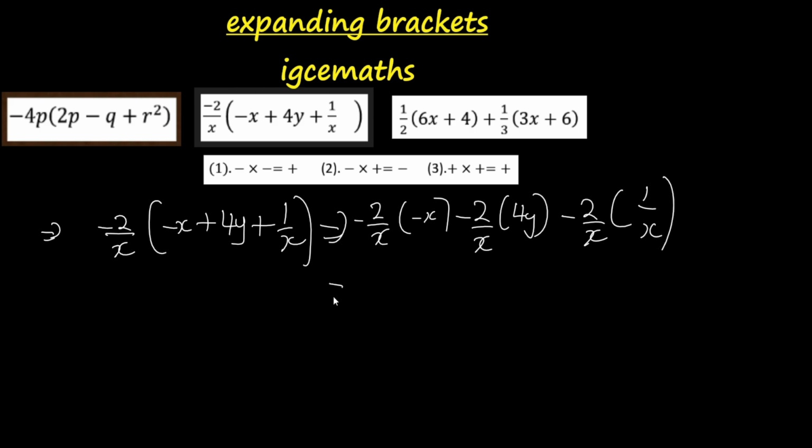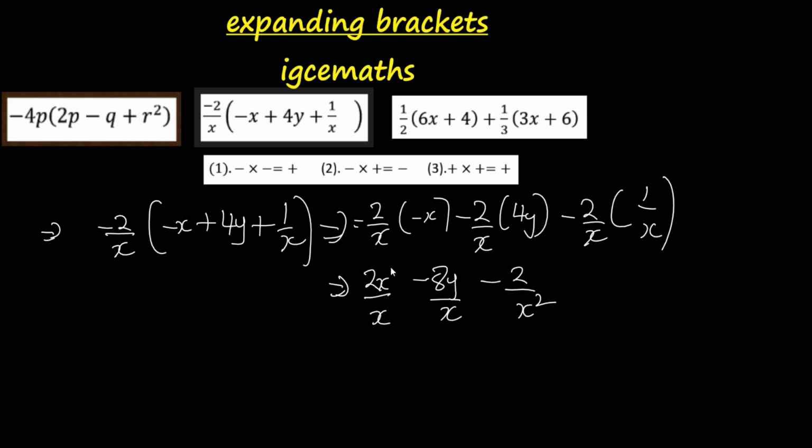Now over here, you're going to have negative 2 over x times negative x, but first of all the operation is going to change to positive, because the negative 2 over x has a negative in front of it, and the x also has a negative in front of it, so the resulting symbol will be positive. So you're going to have 2x over x, and then over here negative times positive, so it's going to be negative. Negative 2 times 4 is going to be negative 8y over x, and here we're going to have negative 2 over x squared.